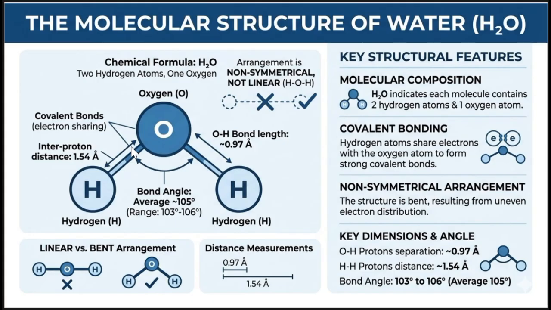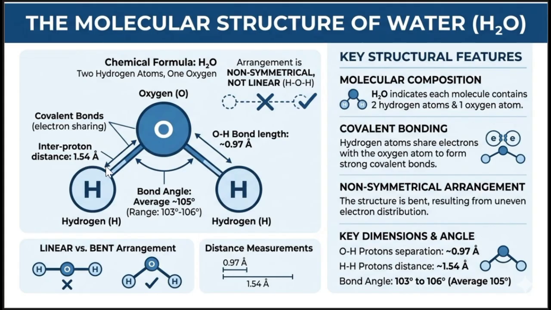The arrangement of the atoms in the water molecule is not symmetrical. The distance between oxygen and hydrogen is 0.97 angstrom, but the distance between H and H is 1.54 angstrom. If it were 180 degrees, the distance between H and H should be around 1.9 something, but the interproton distance is 1.54 angstrom.